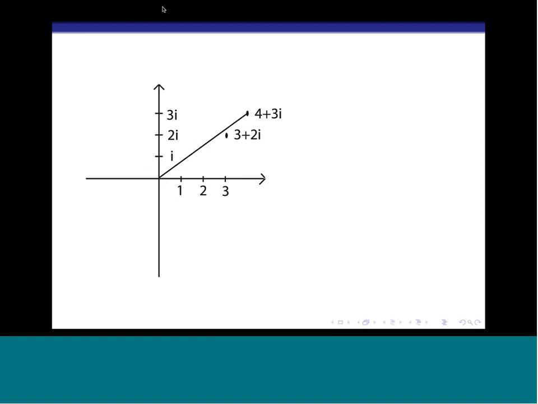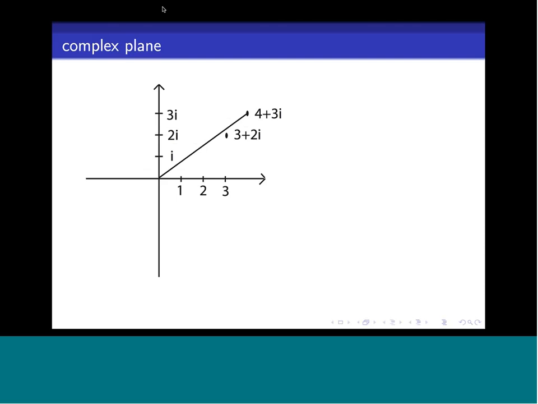Okay, so the next is called the complex plane. What that means is every complex number, you can plot it in the plane.